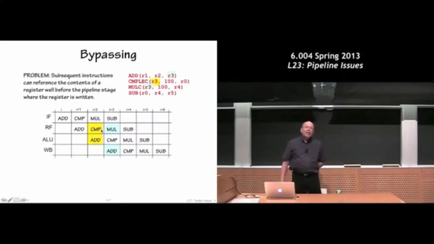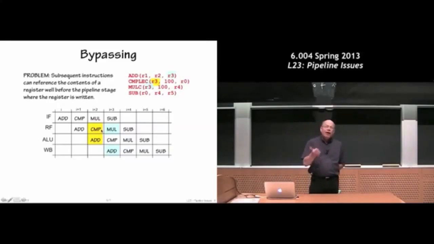So we simply put some extra multiplexers in our data path to allow us to select that as one of the sources for the contents of a register. Not only can I get the contents of a register from the register file, I can get it from the output of the ALU, or I can get it in the write-back stage.